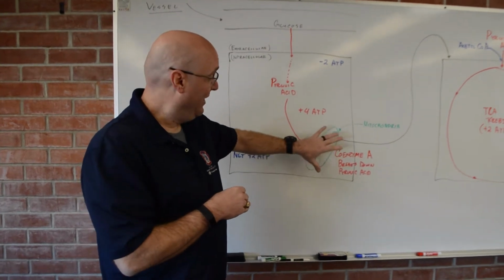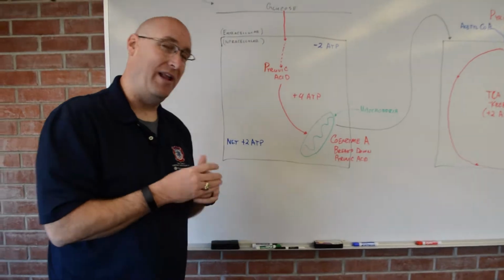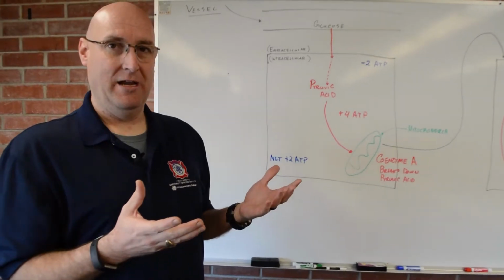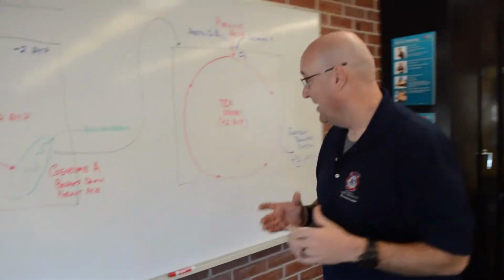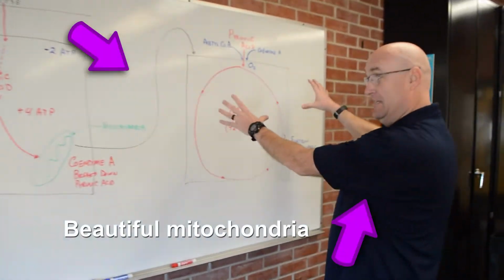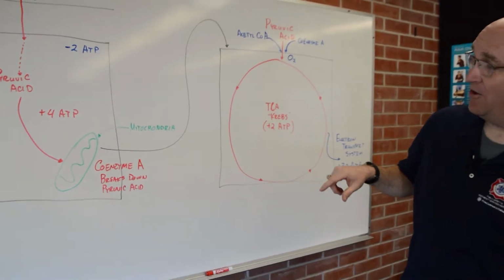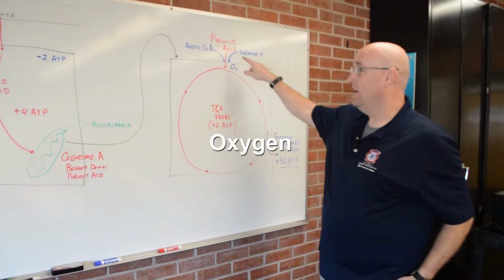So we need to break down the pyruvic acid to get into the mitochondria, and this coenzyme A breaks down pyruvic acid. This is where we get most of our energy. When we come over here, this is a beautiful representation of the mitochondria, blown up. This coenzyme breaks down the pyruvic acid. And the key to this is we also need oxygen.